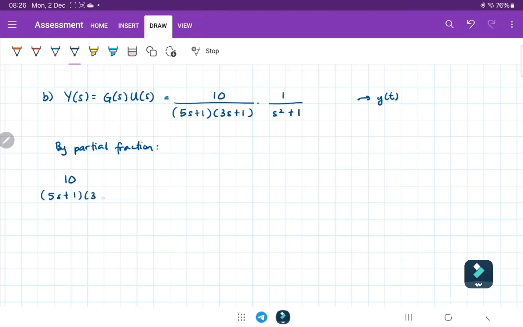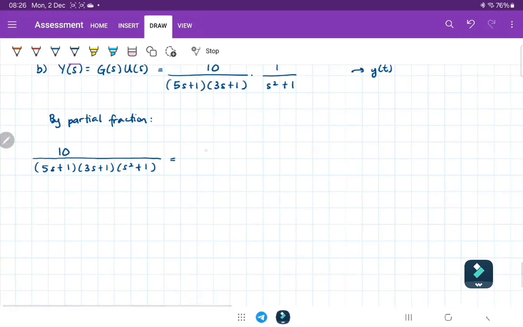I hope you notice that s squared plus 1 will give you complex conjugate roots, so we also need to include that component in our partial fraction. The first part is the same as before. We just put A over 5s plus 1, but the value will be different because our roots are different. Then B over 3s plus 1.